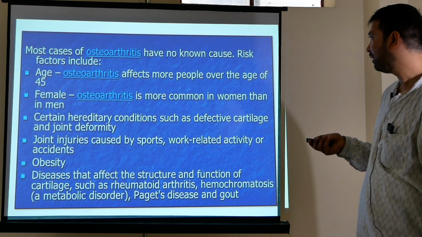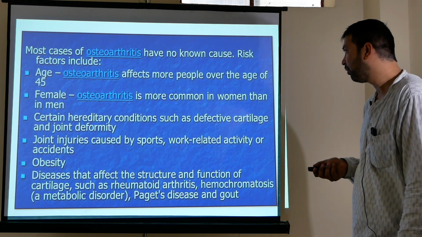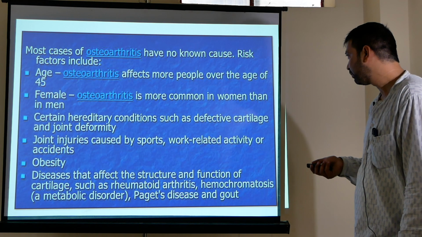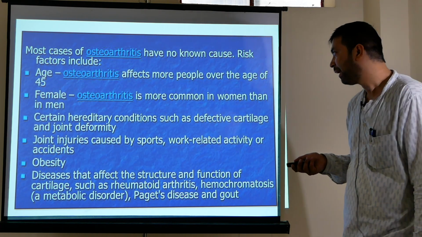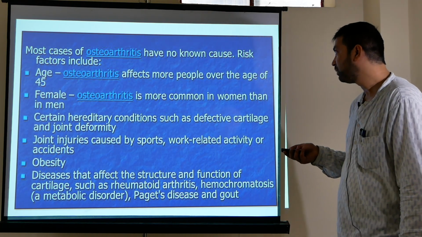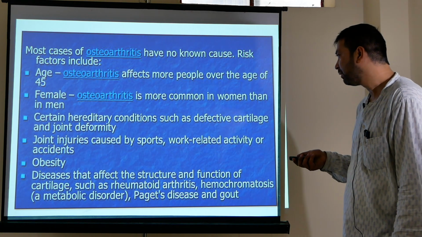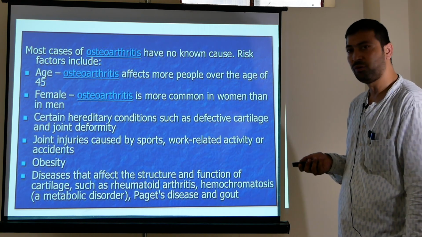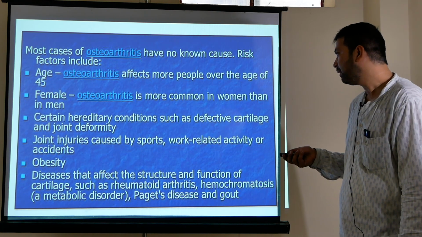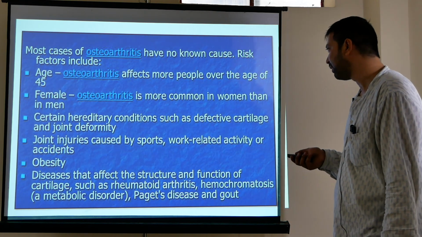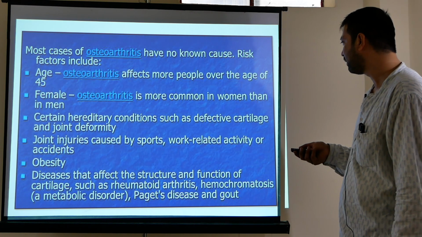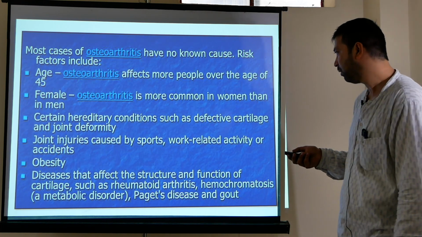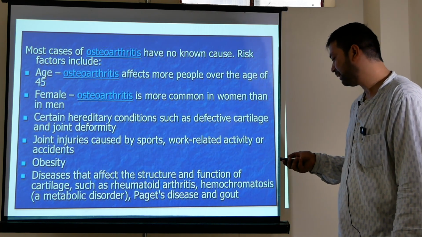There are also certain hereditary conditions such as defective cartilage of the joint, and injuries caused by sports, work-related activities or accidents. The next cause is obesity and overweight, because they create excessive pressure on the lower limb, in the knee or hip joint. Another cause is a disease that affects the structure and function of the cartilage, such as rheumatoid arthritis, hemochromatosis, metabolic disease or Paget's disease.